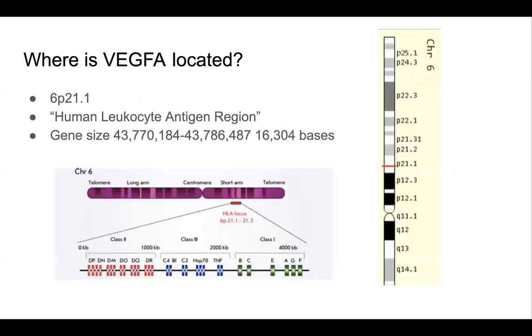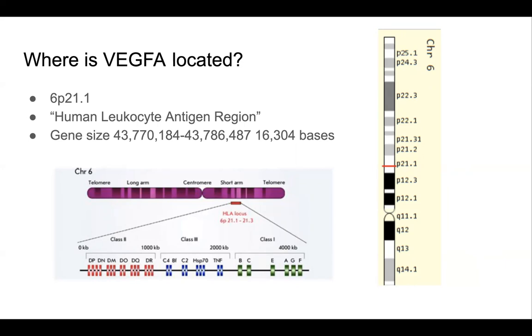VEGFA is located on chromosome 6p21.1. Background on the chromosome, of course, you have telomeres at the end, centromere in the middle, and your Q arm is your long arm. P arm is the short arm. This will be located on the P arm.